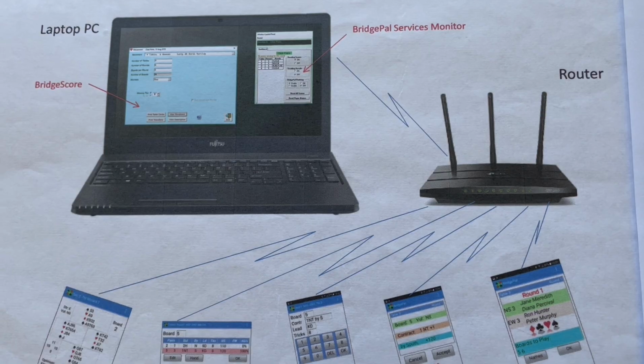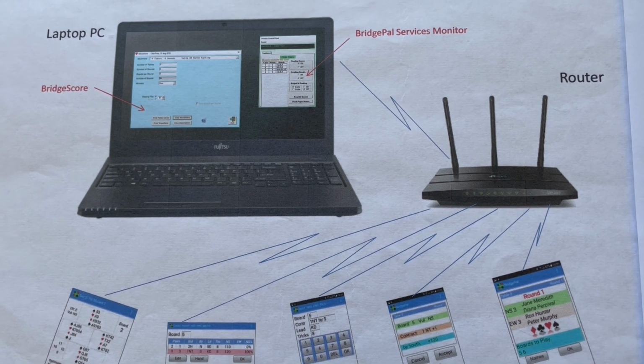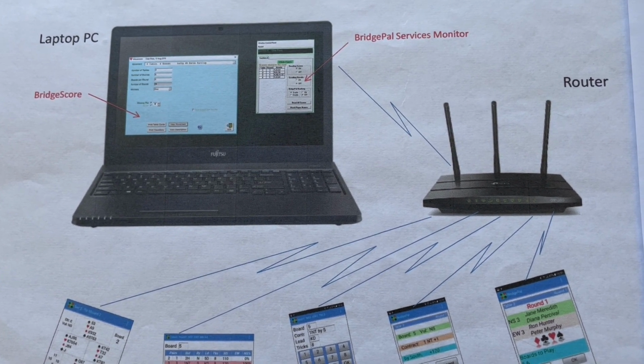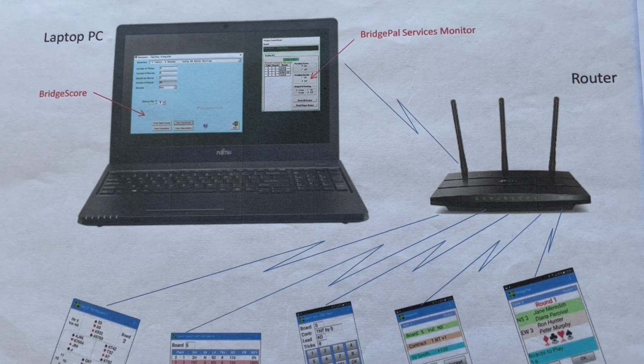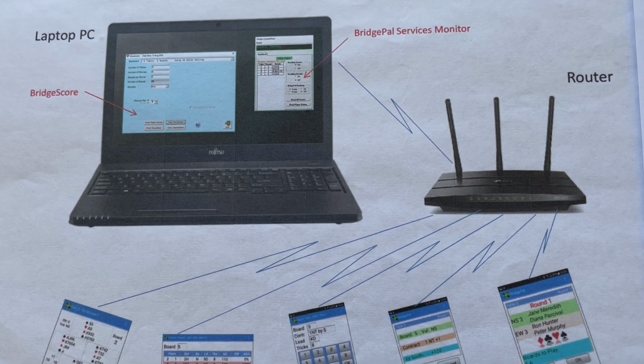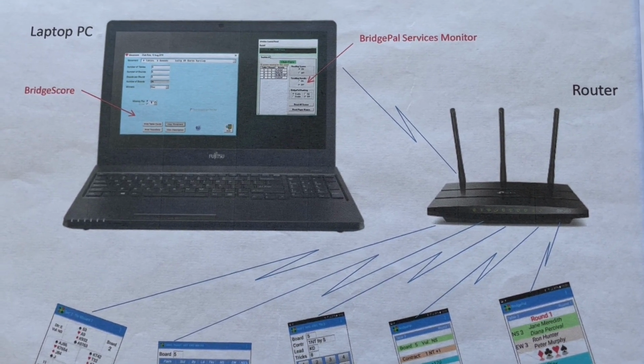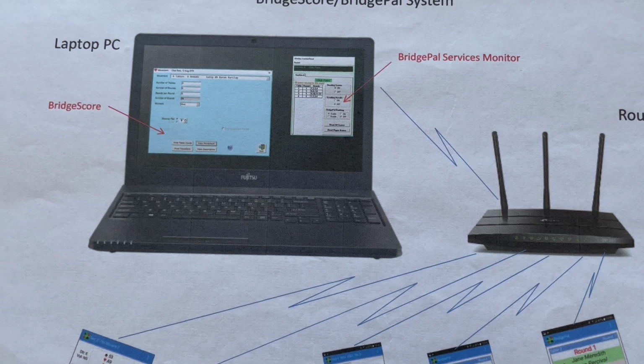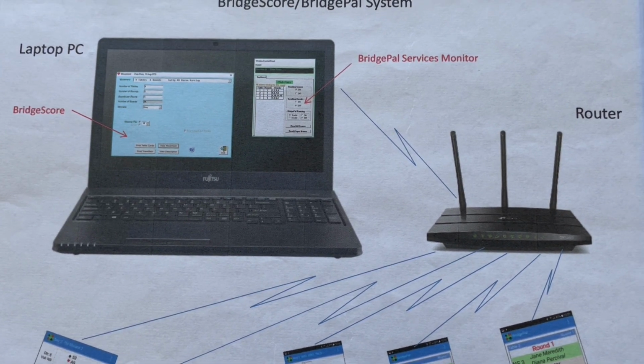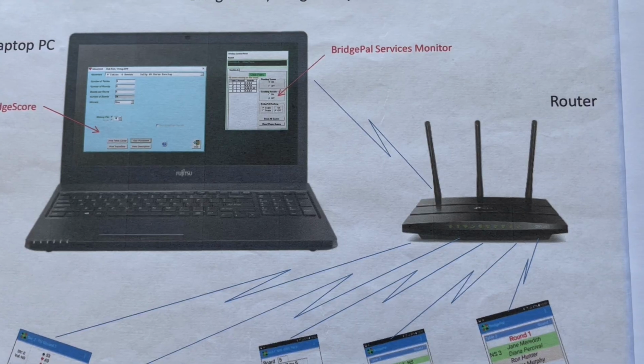The internet is where we store our results on our own Burley Bridge Club server. So normally we would like to transfer that information from the laptop to our Burley Bridge Club server.